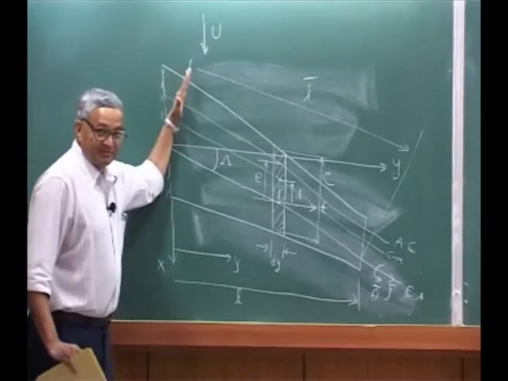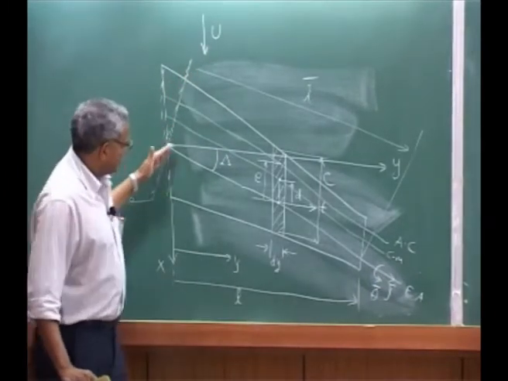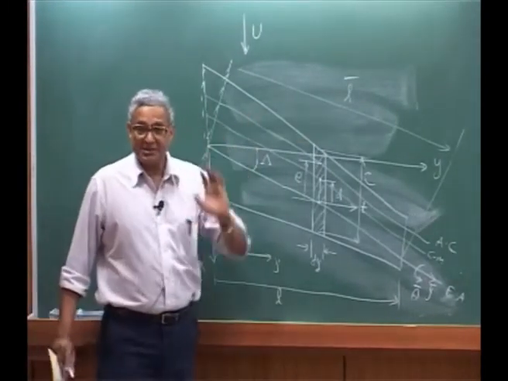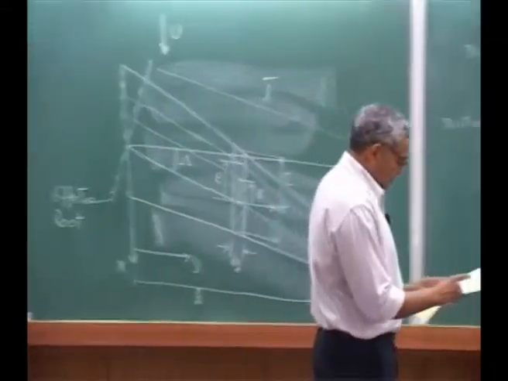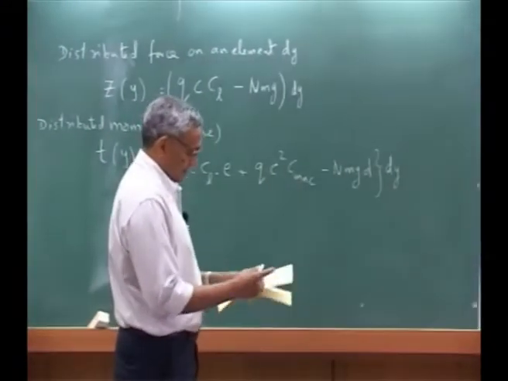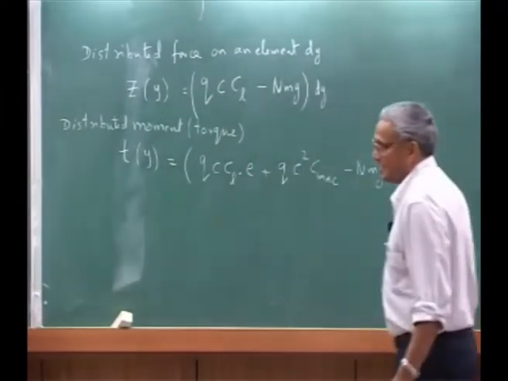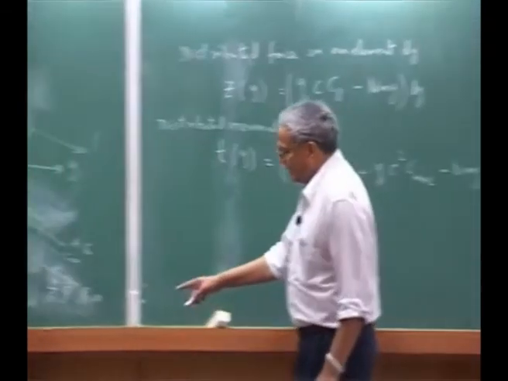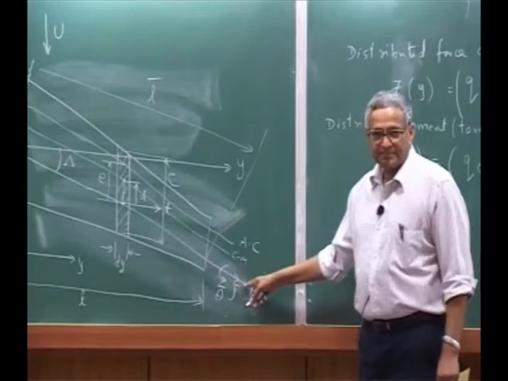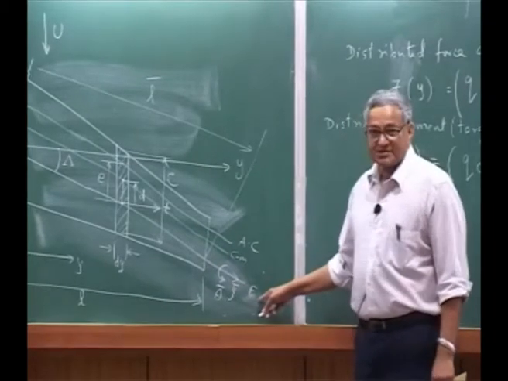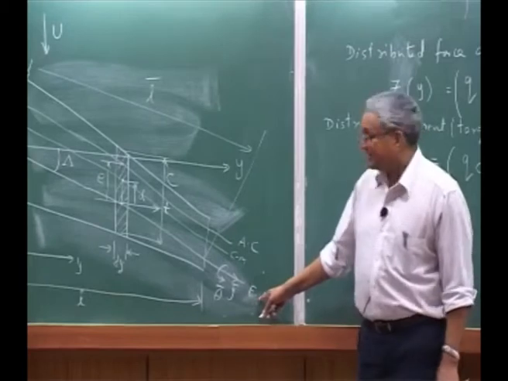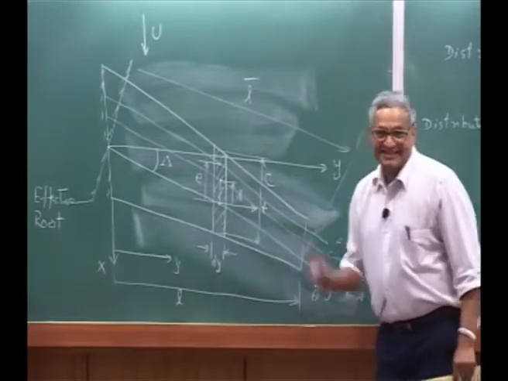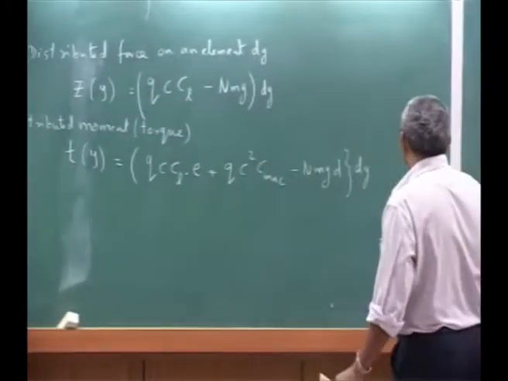That means this is my effective root. I take this perpendicular to the elastic axis. So I have my standard bending theory. But in doing that, we have to be a little careful in the sense, what is my dy? Because the element along the elastic axis is dy bar. This is dy streamwise. I have to get dy bar.